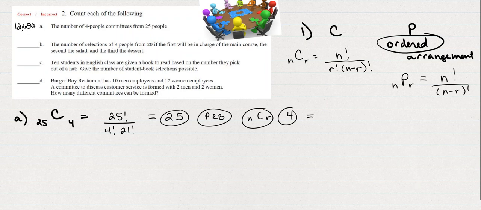Look at that. If you only had 25 people and you're making a committee of 4, there are 12,650 different committees we could make.